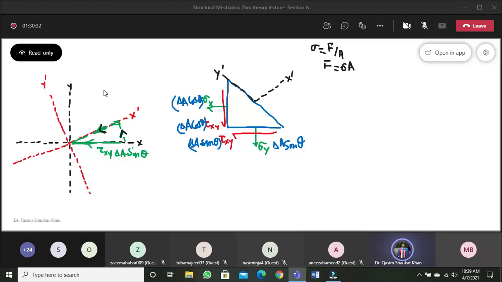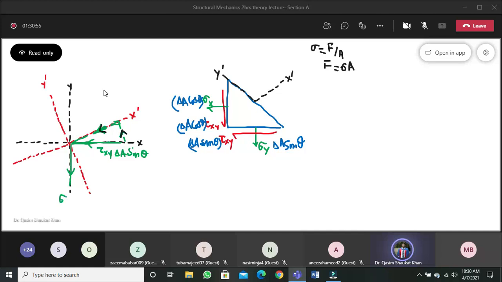Now the next force I have is sigma y delta A sine theta. Now this force is this one, and this force is acting downwards.